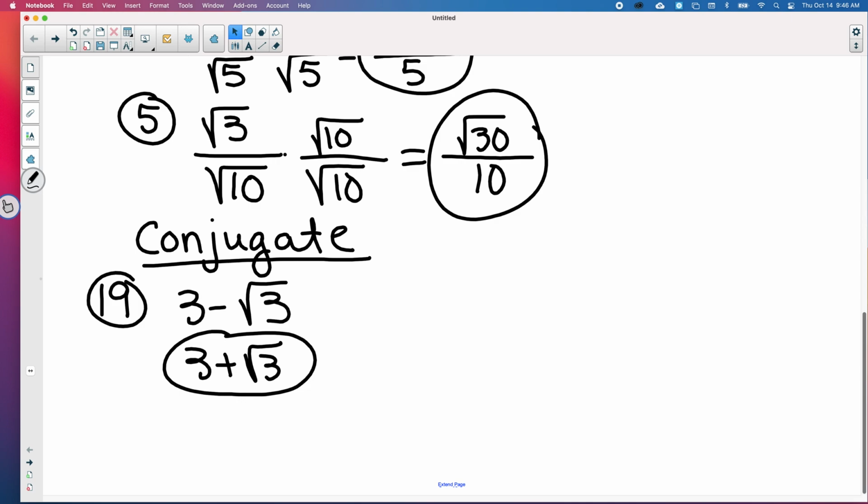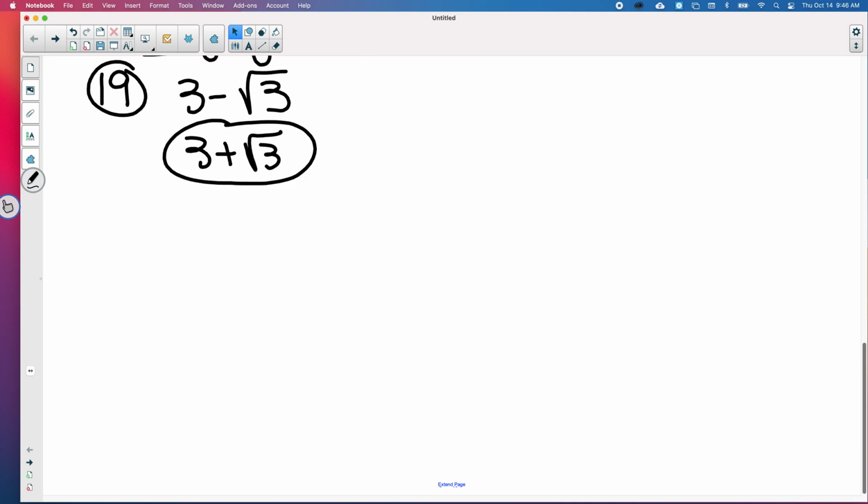And then on the back page, you have to divide. And when we divide with something like that in the denominator, that's when we use the conjugate. So this is 23. So when we had just a radical down there, we multiplied top and bottom by radical 3. But when you have an expression like this, you can't just do the radical.